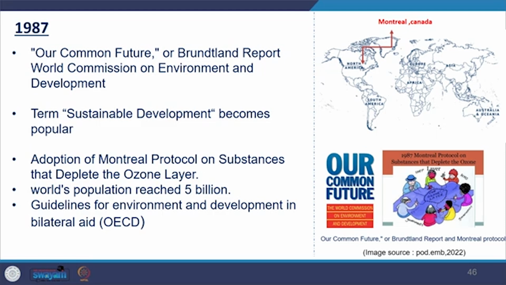In this year, you see the OECD, the Organization for Economic Cooperation and Development, formulated guidelines for environment and development in bilateral policies for financing purposes. So now the funding was also pressurizing, or in a way guiding, nations to go for sustainable development and align their development with sustainability.